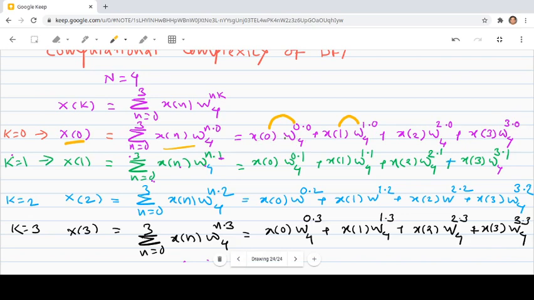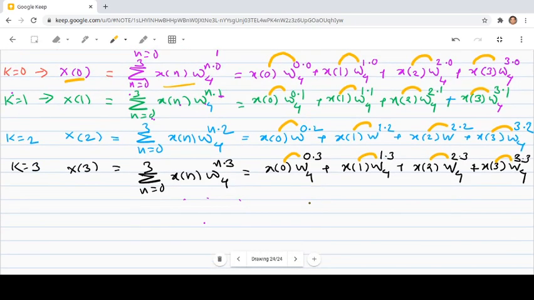This is the first complex multiplication, this is the second, third, fourth, fifth, sixth, 7th, 8th, 9th, 10th, 11th, 12th, 13th, 14th, 15th, and 16th. So there are in all 16 complex multiplications.